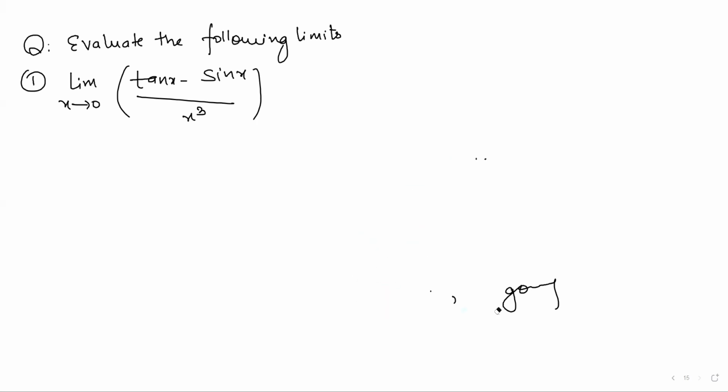Okay, then take sine common, take LCM. फिर हो जाएगा. सर आपने कैसे बताया अभी करने के लिए? Suppose change this tan into sine by cos. Okay, then take LCM.